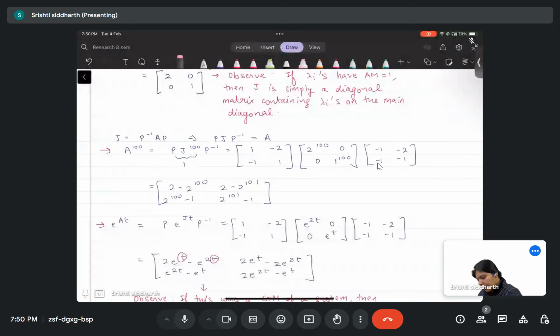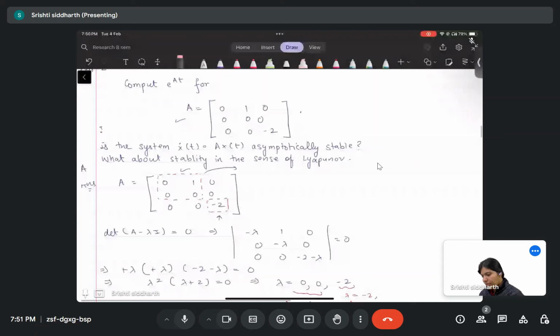After that, we looked at how to comment on asymptotic stability of the system by looking at the eigenvalues of A.